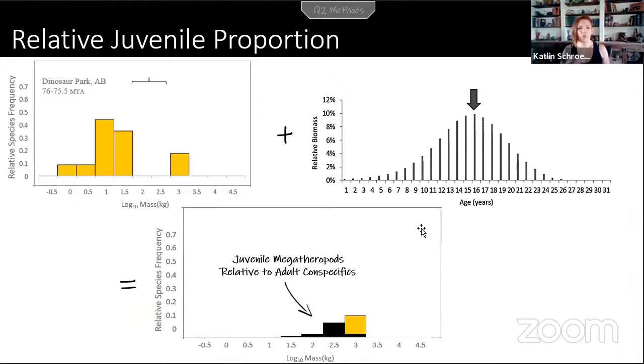If the juveniles represent 60% of the biomass of the entire species, then an adult would be 1 and a juvenile would be 1.5, right? So what we're effectively doing is treating juvenile megatheropods as their own morphospecies, not as their own species. They're still the same species. T-Rex is still T-Rex, but the juveniles are being treated as their own kind of ecological entity.